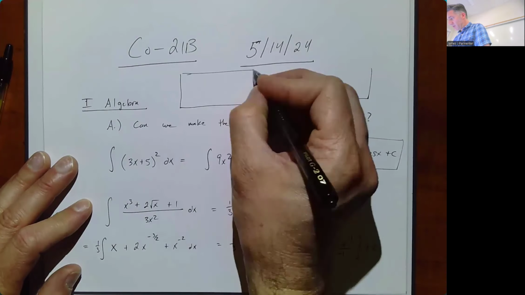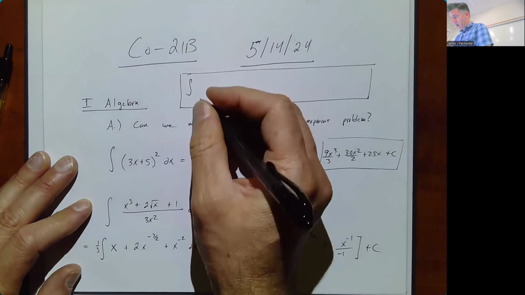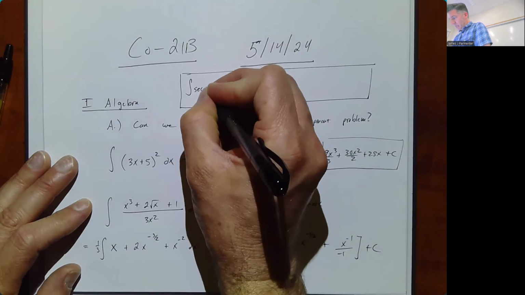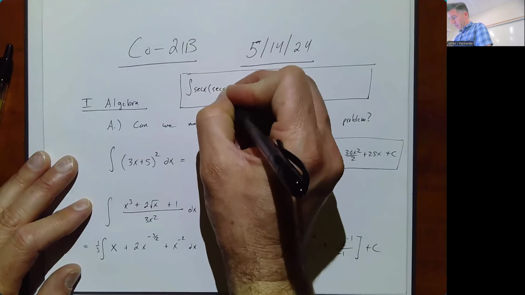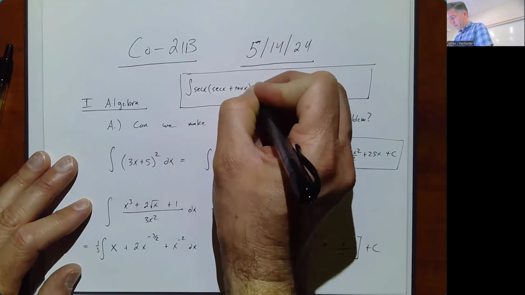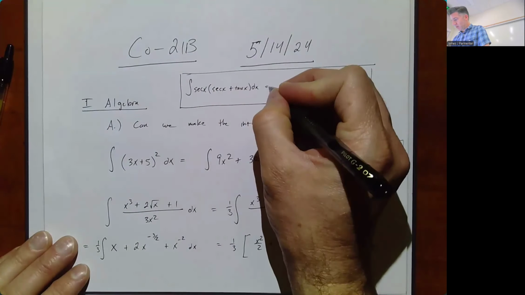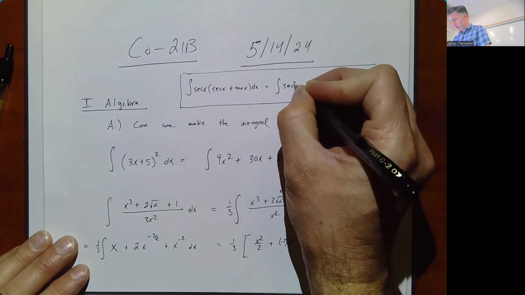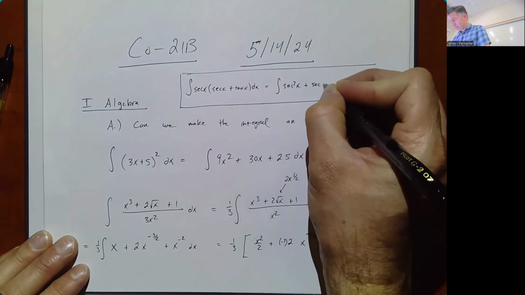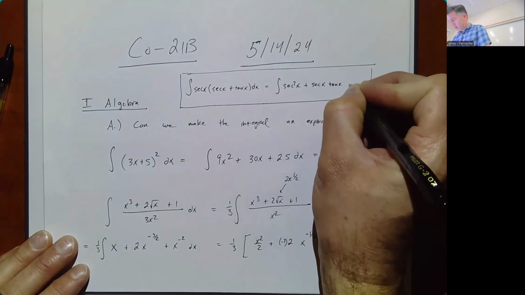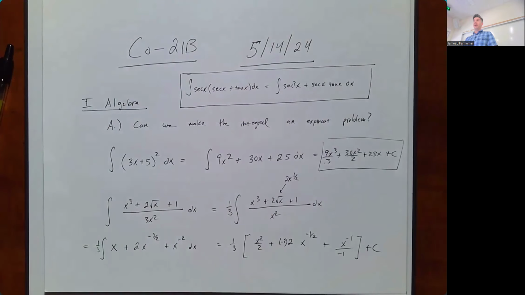So as kind of an aside here, if, for example, someone said, I want you to do the integral of secant x times secant x plus tangent x. Well, if you multiply it out, you get the integral of secant squared x plus secant x times tangent x. And those are both functions that we recognize as derivatives of known trig functions.